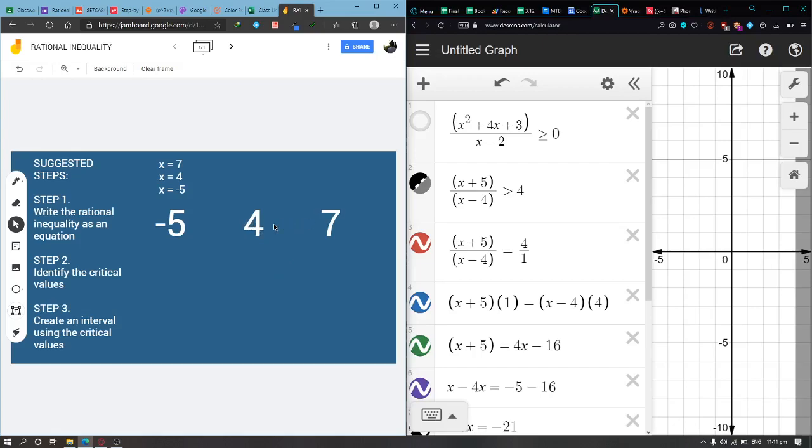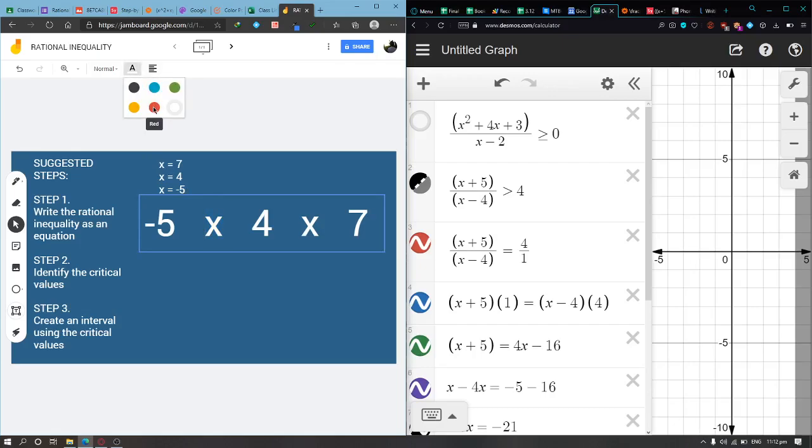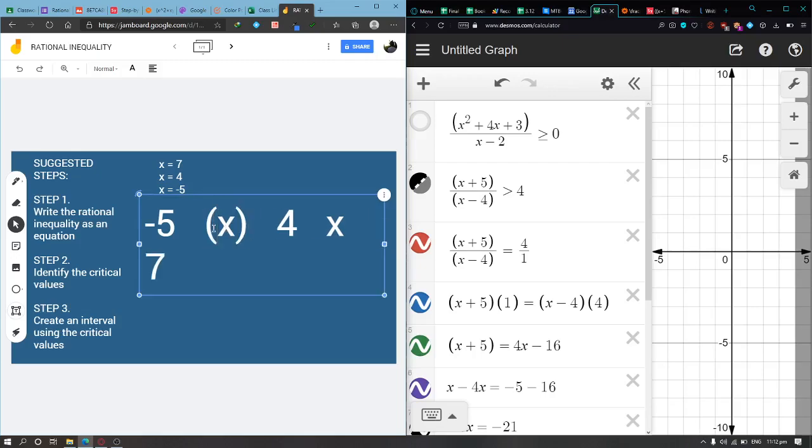The value of x must be between 4 and 7, and then between negative 5 and 4. So what are the values of x here to make it true to the inequality?